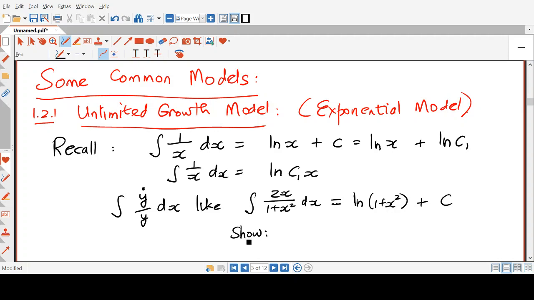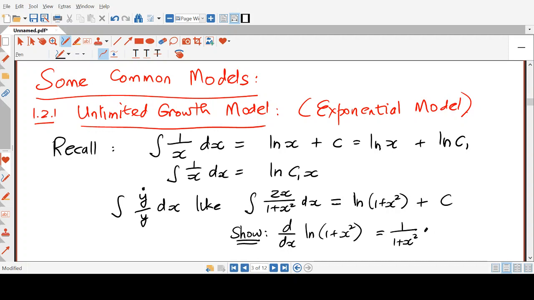How do we show that? What's the derivative of ln of 1 plus x squared? How do you differentiate a log function? The derivative of log is 1 over whatever is there, times the derivative of the inner function.